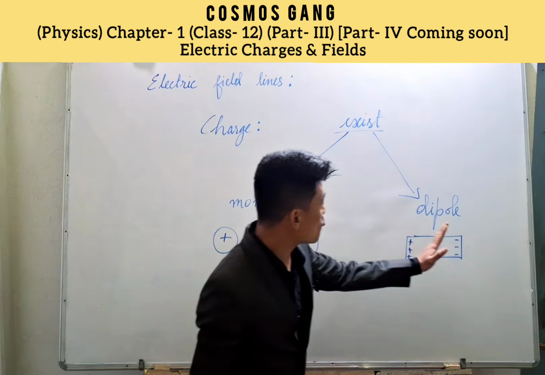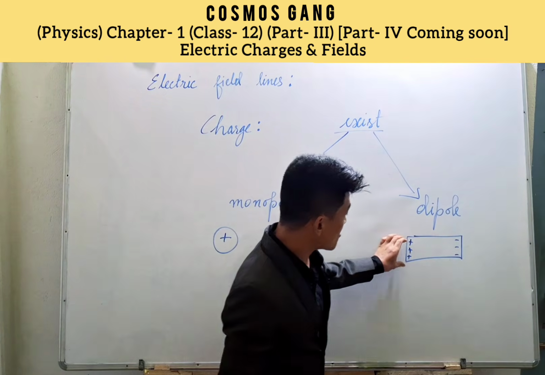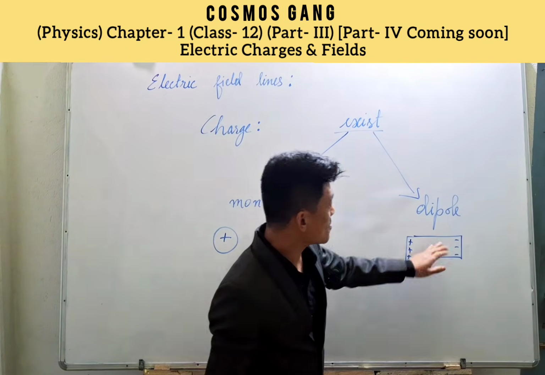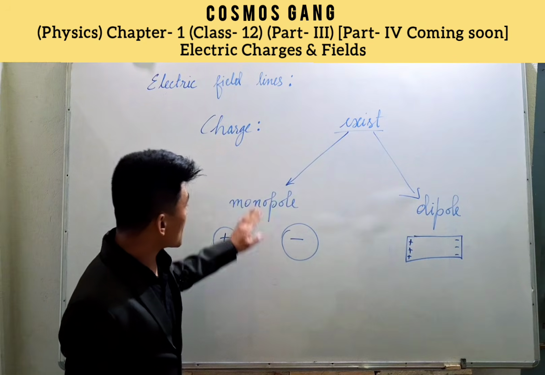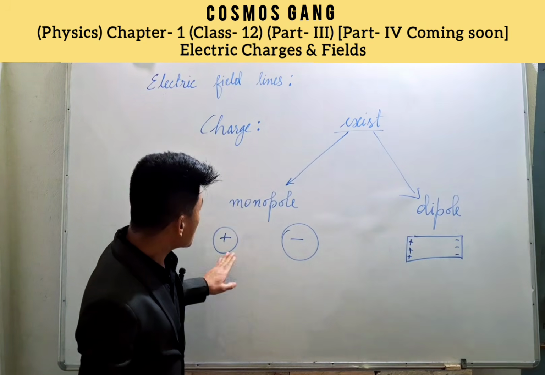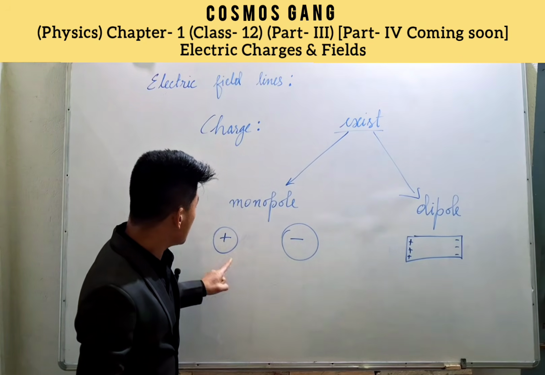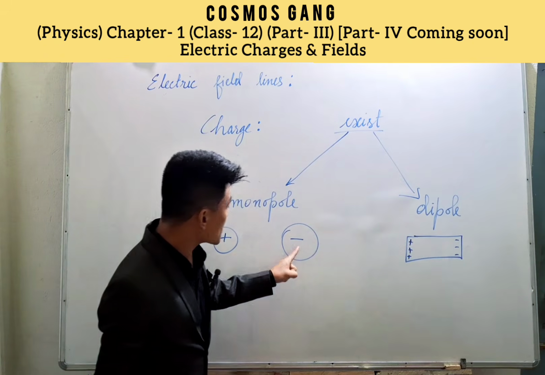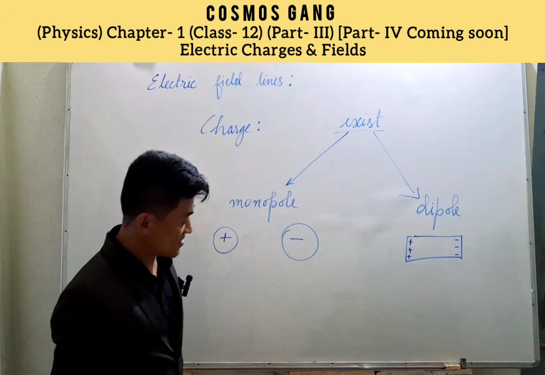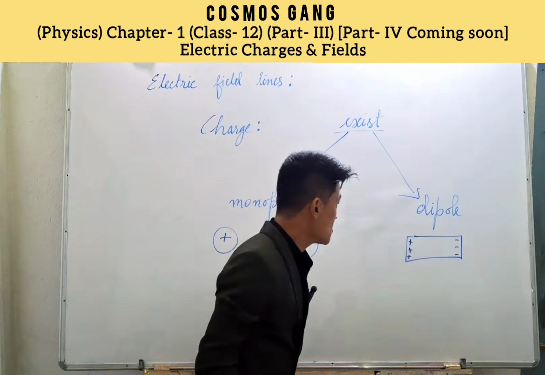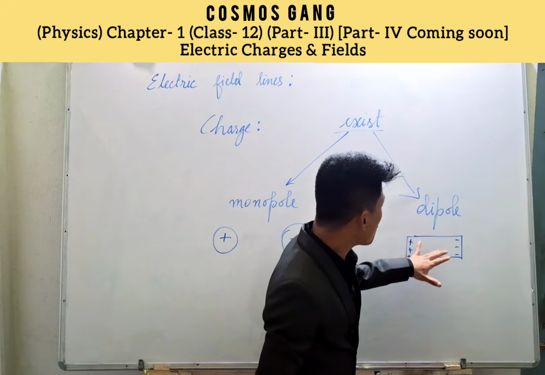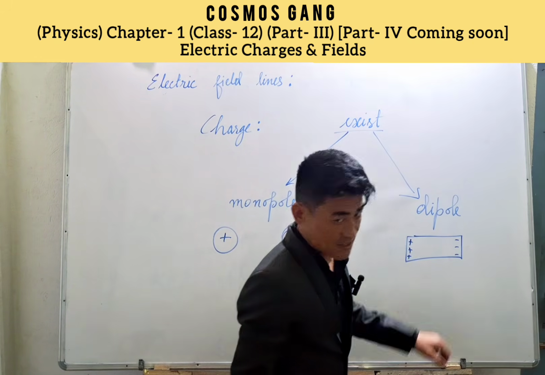One side is positive, one side is negative. In this conductor, then it is a dipole. So charges can exist as monopole, that is singly positive or singly negative. Dipole means both positive and negative exist together.